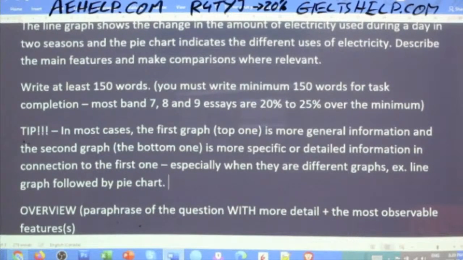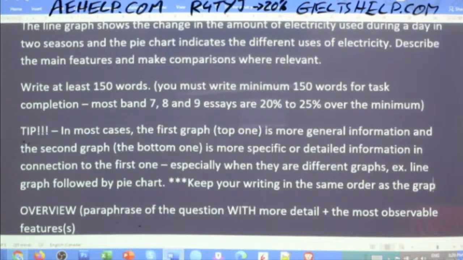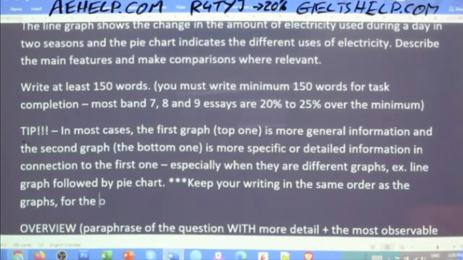Okay, so this means keep your writing in the same order as the graphs for the overview and the body and the summary.